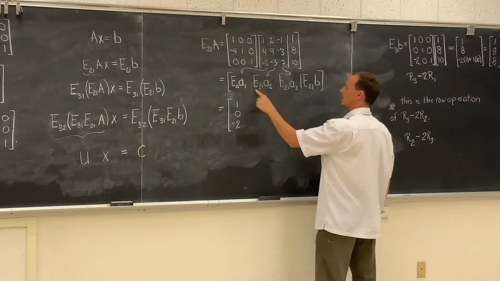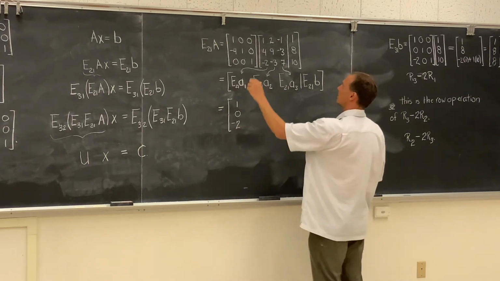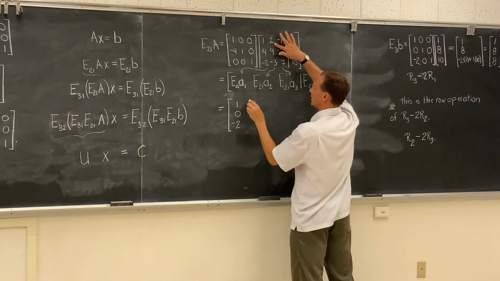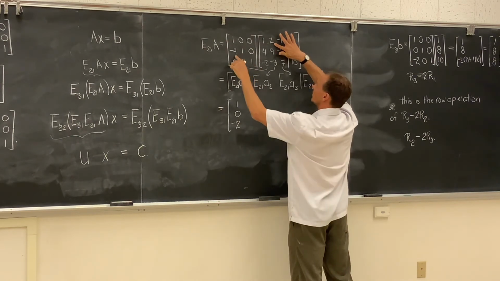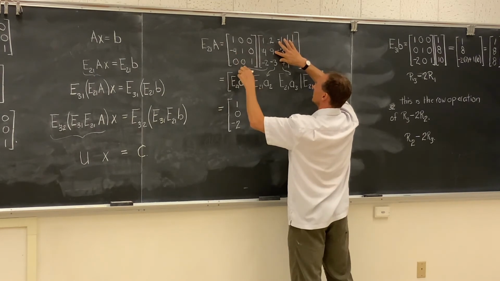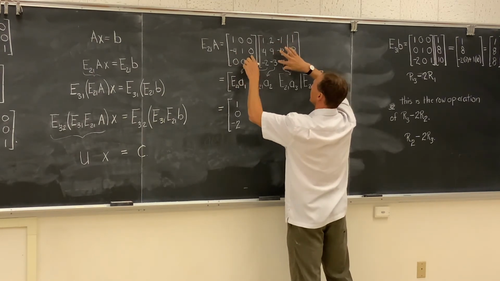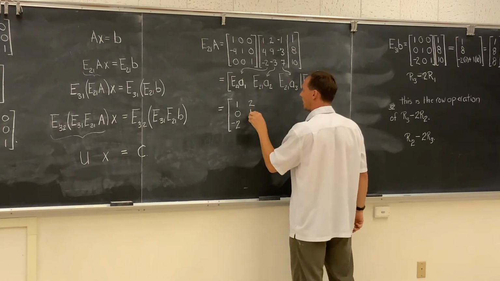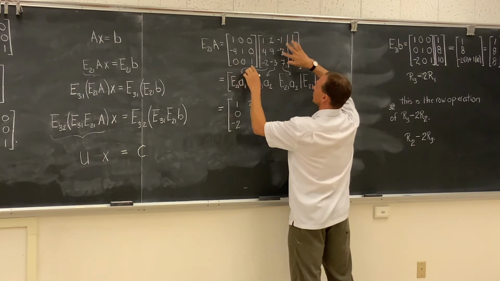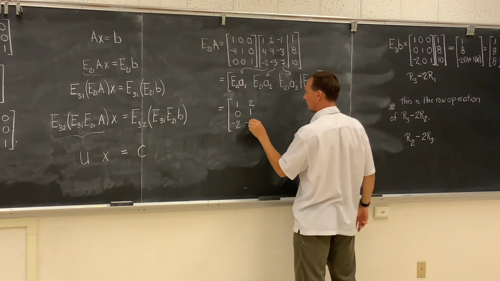Now we're working on E21 times the second column. And we just repeat. This says you take the first entry, 2. This says you take minus 8 plus 9 plus 0. That's just 1. Then you do it again. This just says we want just the third entry, minus 3.